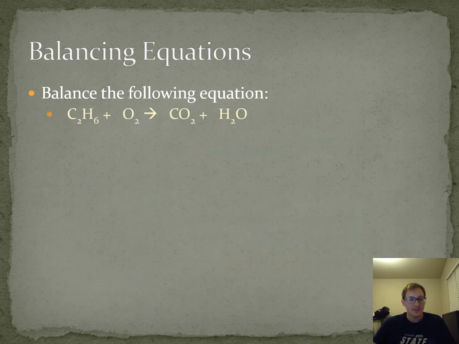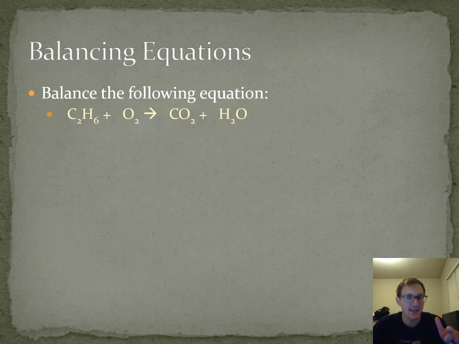All right, this is going to be our last example. Balance the following equation. So we have C2H6 plus O2, and that is going to break down into carbon dioxide and water. In fact, this chemical equation is the combustion of ethane gas.